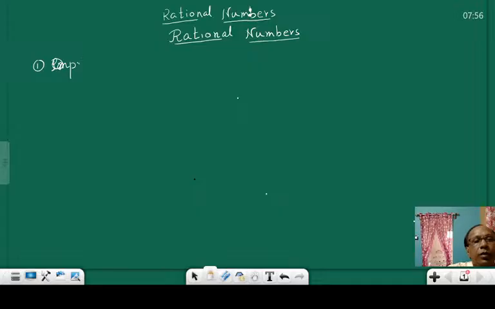First we will deal with proper fraction.